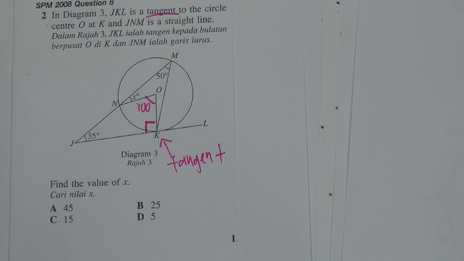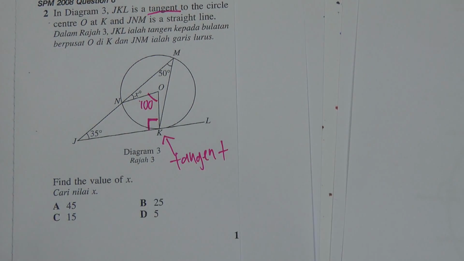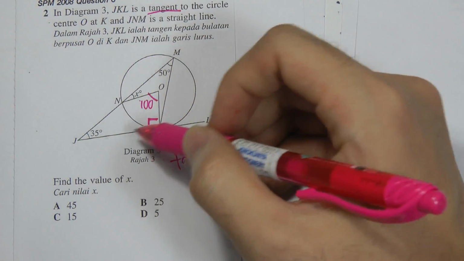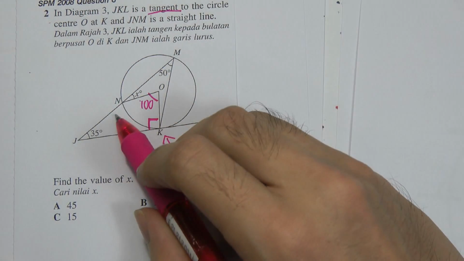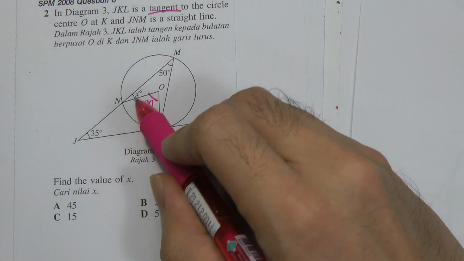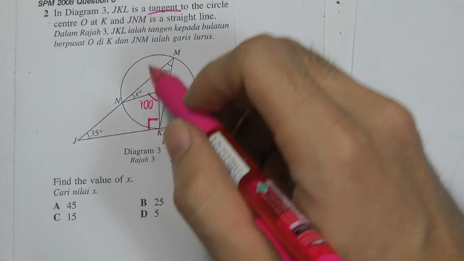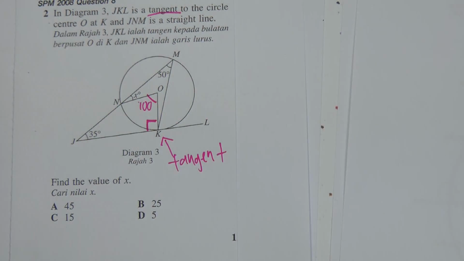Okay, and then we have 3 angles already. Of course, we can get this angle. So after we get this angle, we can easily get x. So now let's calculate what that angle is.